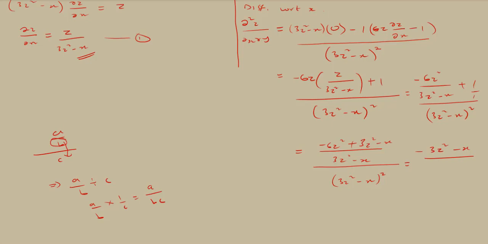So 3z squared minus x multiplied by 3z squared minus x all squared will become 3z squared minus x raised to power 3. So minus is common in the numerator, and factorizing it, you will be left with minus 3z squared plus x, all over 3z squared minus x raised to power 3. And that is all. We have proved what they want us to get.